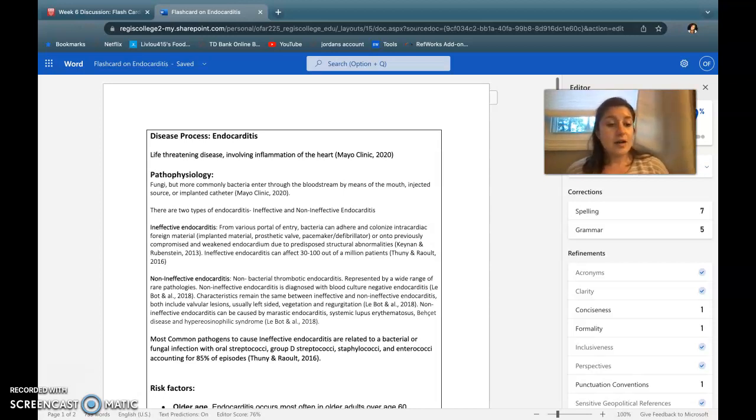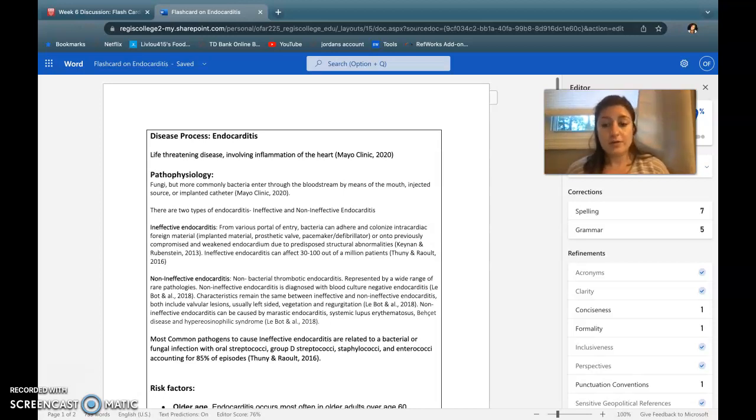I didn't realize that there are two different types of endocarditis. I think most of us know of this type. Infective endocarditis is the one that seems to be the most popular of the two. This is when, from a various point of entry, bacteria can enter the bloodstream and colonize foreign material, which, if you have an implanted pacemaker, prosthetic valve, or a defibrillator, it can colonize onto such material.